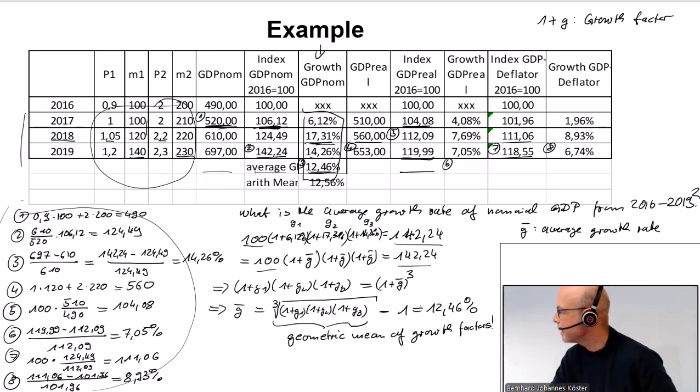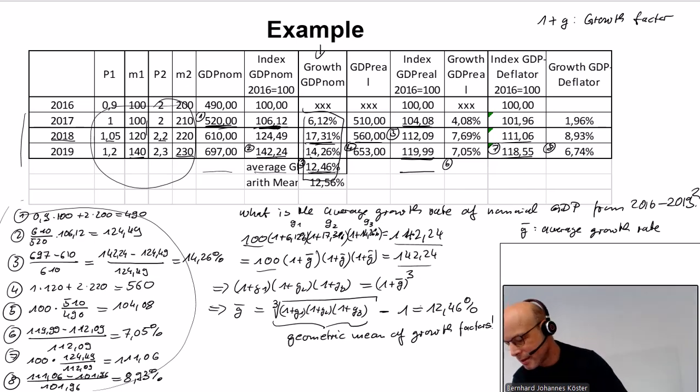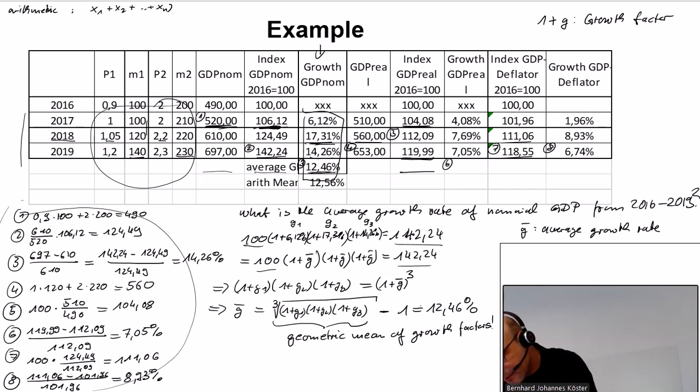Okay, and yeah, maybe let's just compare these two different kinds of averages. The arithmetic mean, this was defined as x1 plus x2 plus up to xn, summing just up all numbers divided by n, so times 1 over n.